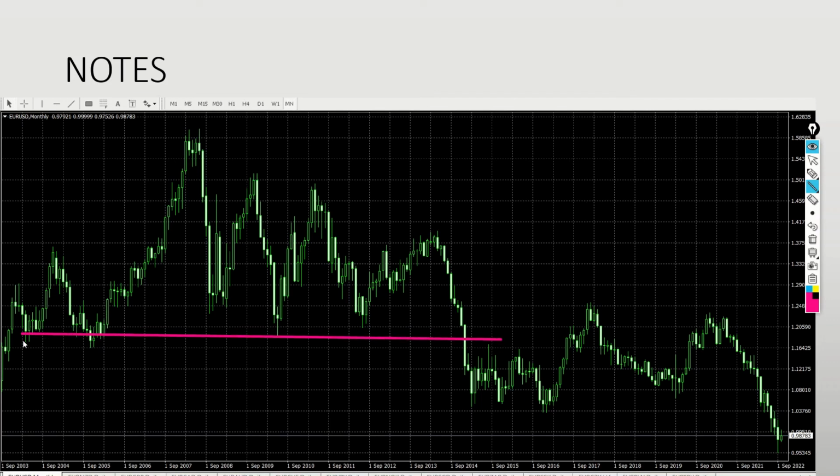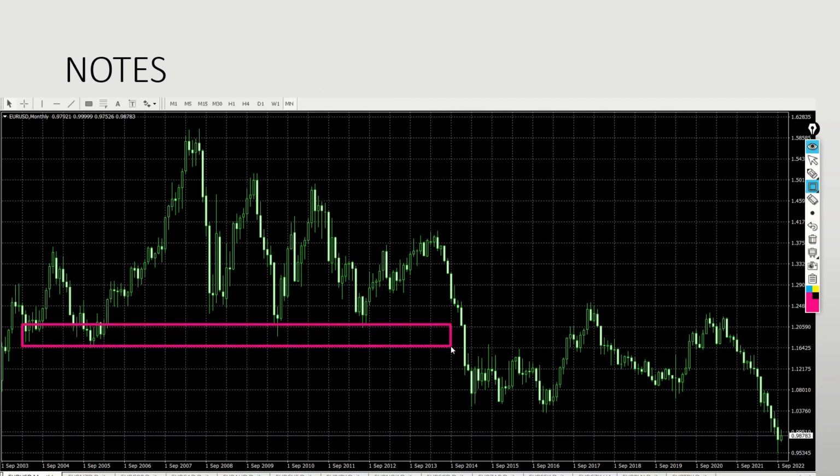So this is a support, this is a support, this is a support, and that was also a support. So instead of considering this as a support level, we could potentially consider it as a support zone. So we could use this level as a support zone, this one. Okay, this becomes a support zone.